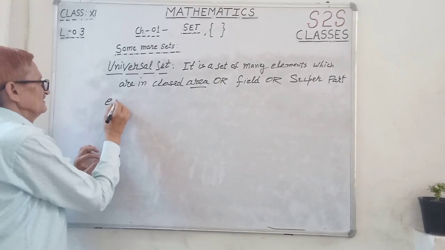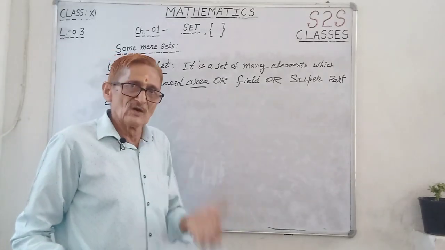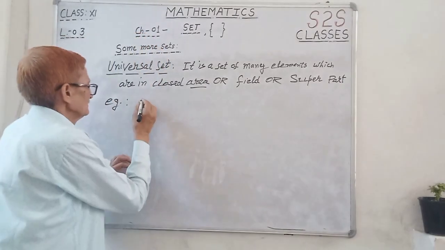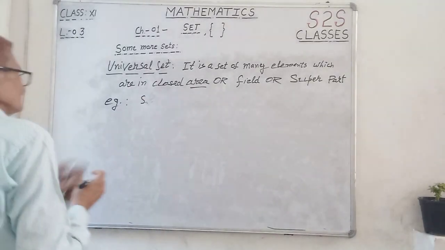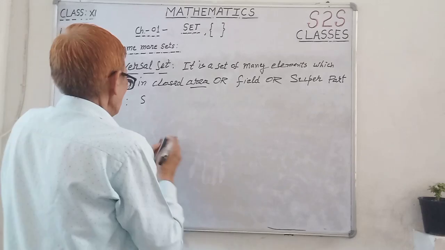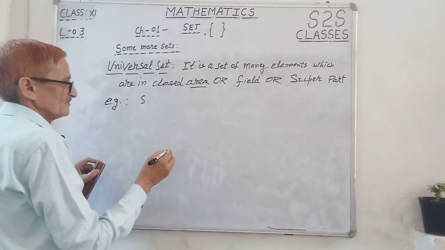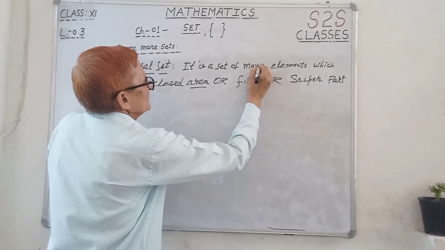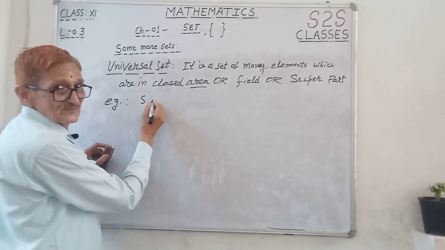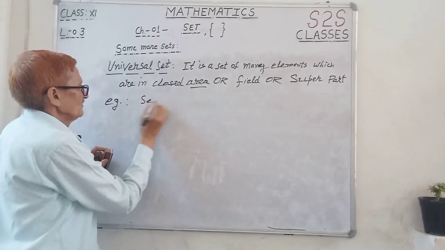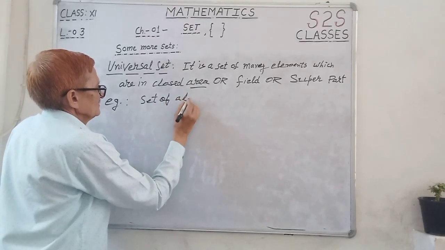Example, for example, I told you a set of all the triangles. Many types के, many.